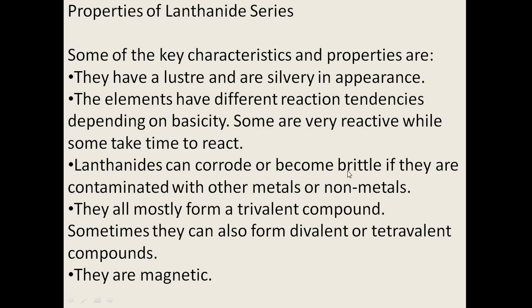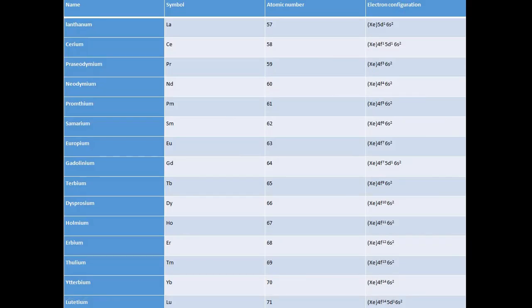Lanthanoids can corrode and become brittle if they are contaminated with other metals or non-metals. They mostly form trivalent compounds. Sometimes they can also form divalent or tetravalent compounds. They are magnetic in nature.